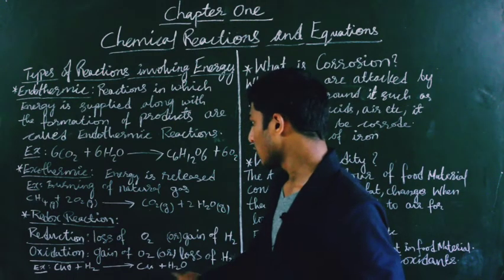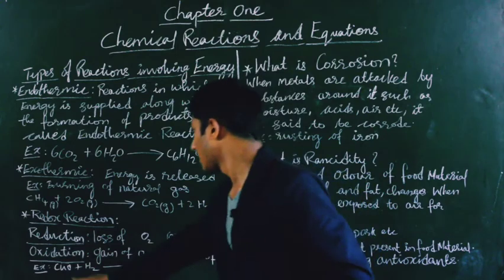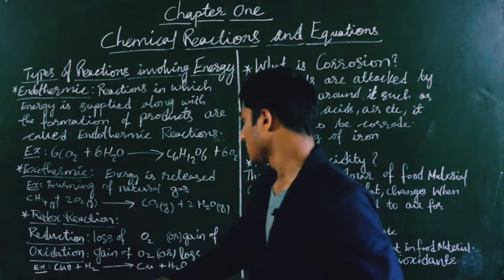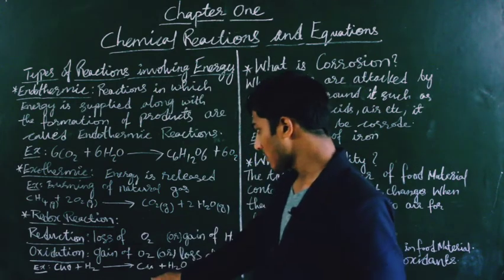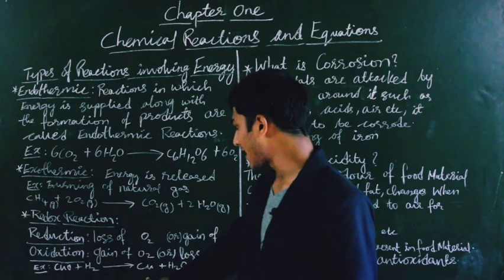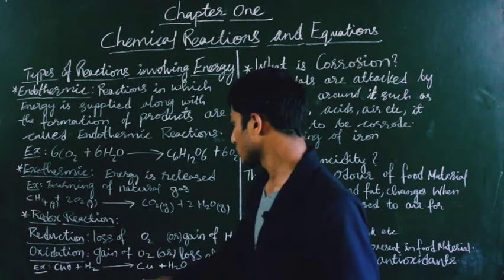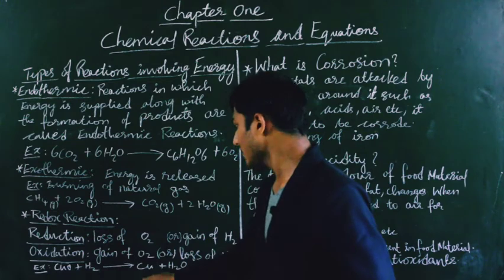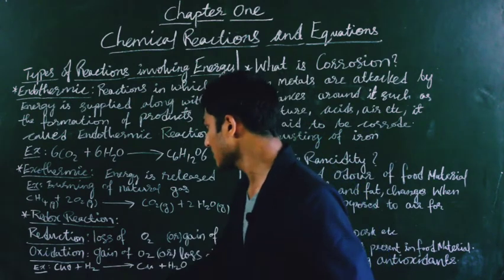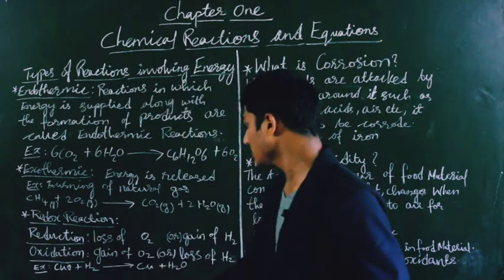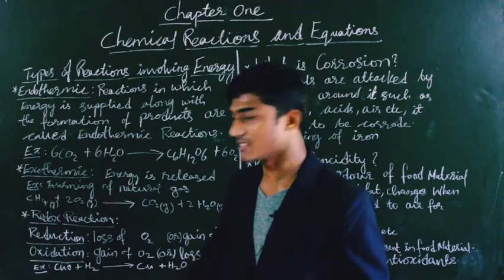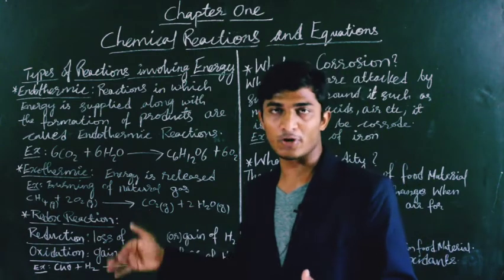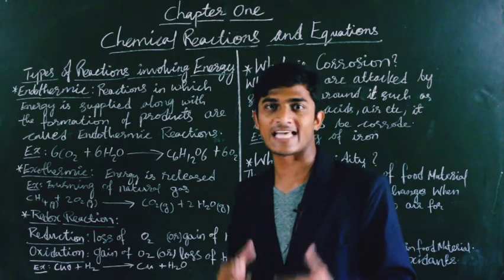Carbon is the best example of loss of oxygen, since in the products we see carbon alone and separate water. So carbon oxide to carbon is an example of reduction, and hydrogen to water is an example of oxidation. These two processes, reduction and oxidation, go on in a chemical reaction simultaneously.